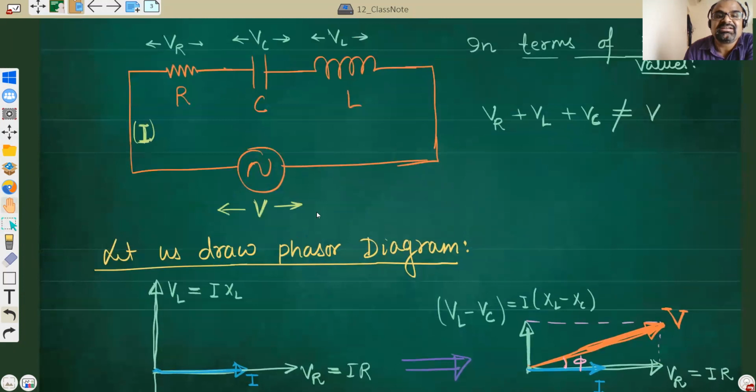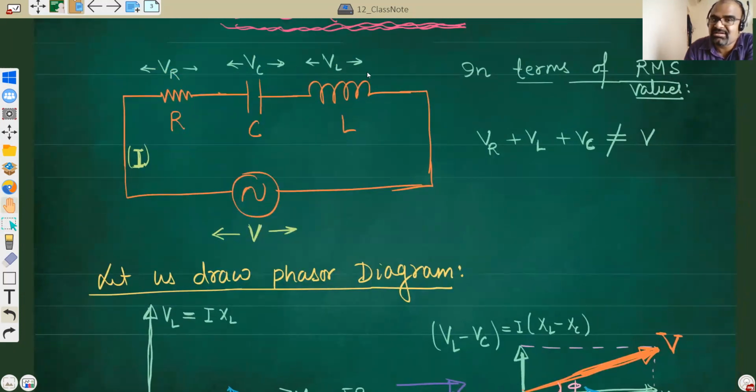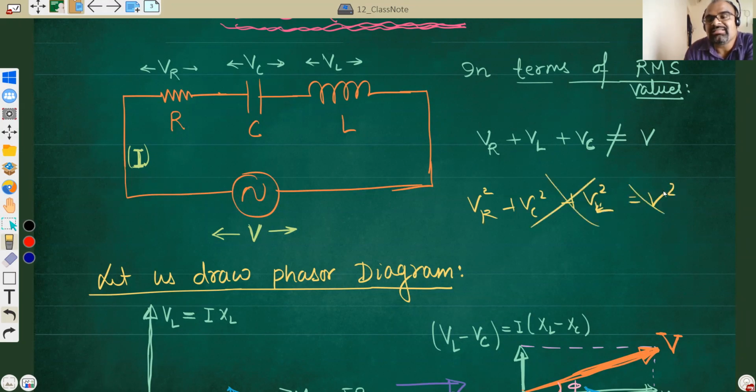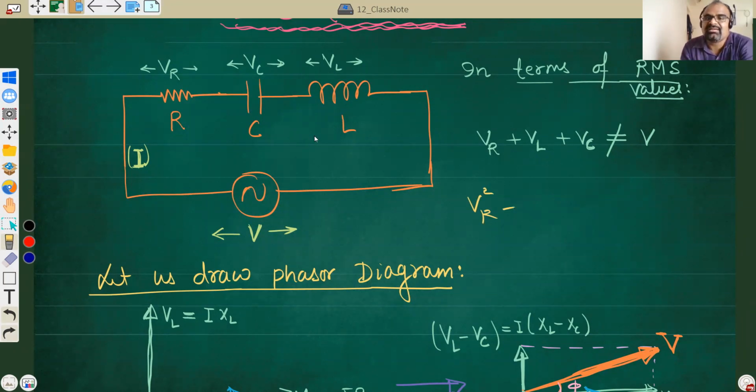You see what is the relation between these three voltages? It is not that VR square plus VC square plus VL square is equal to V square. No, it is not like that. Rather, the relation is VR square plus VL minus VC whole square is equal to this V square. That is what we got here.